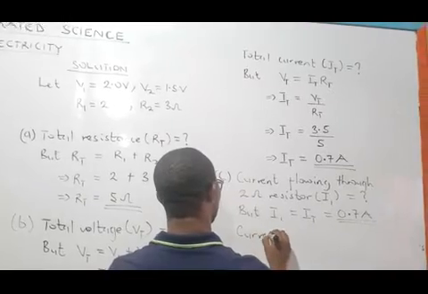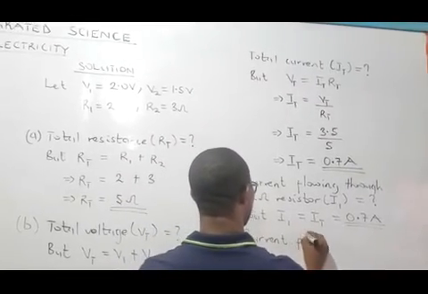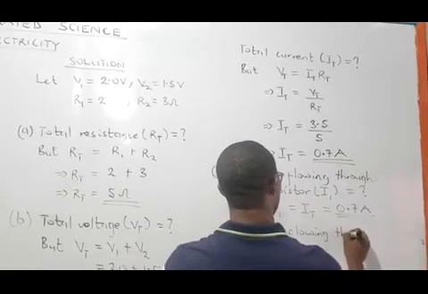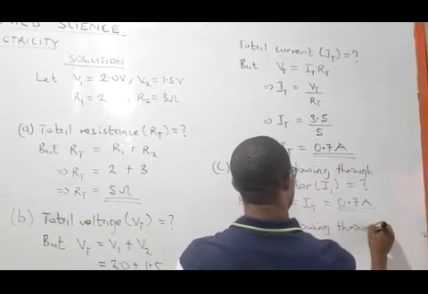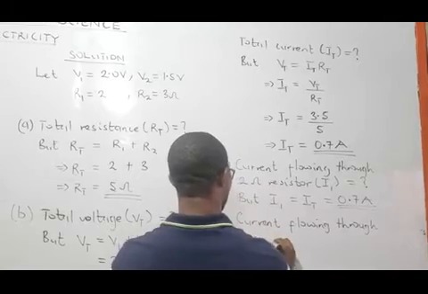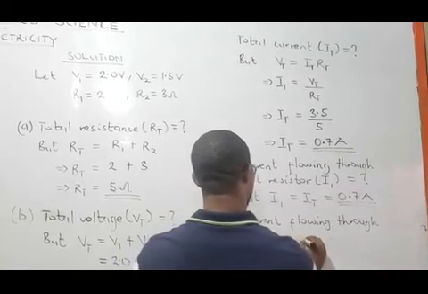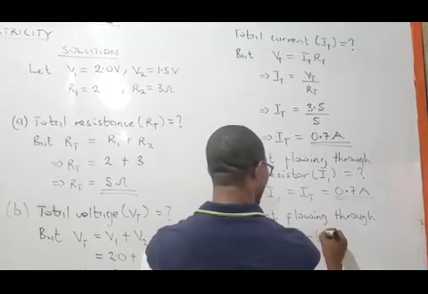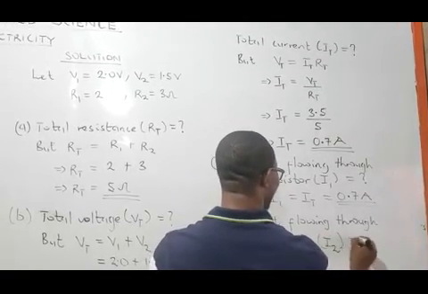Similarly, current flowing through the 3 ohm resistor. The 3 ohm resistor was labeled as R2. So the current flowing through, I'm calling as I2.